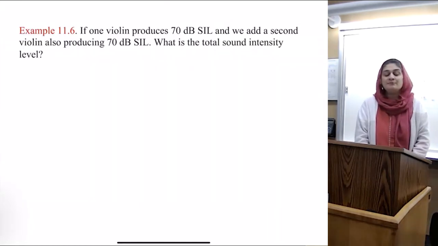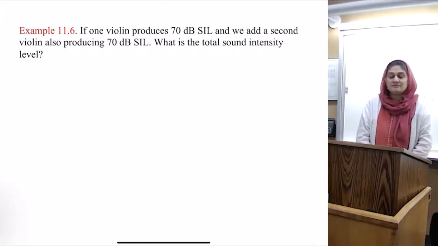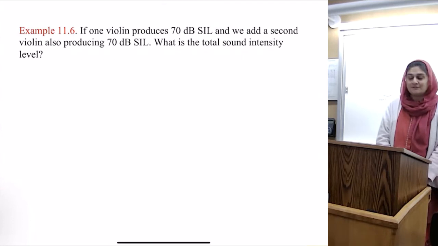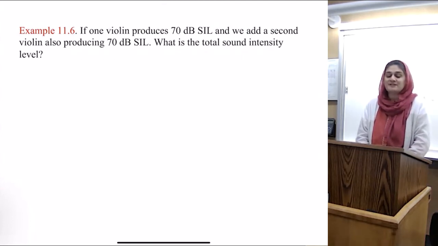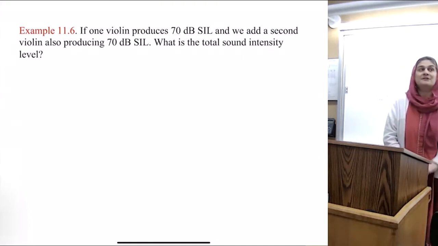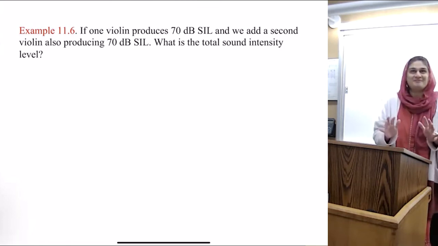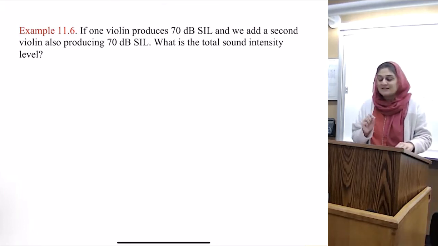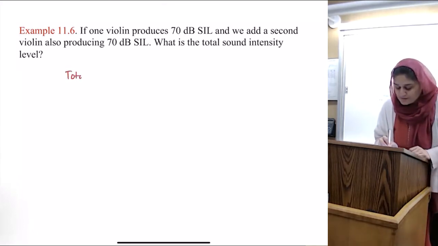If one violin produces a 70 dB SIL, sound intensity level, and we add a second violin also producing 70 dB SIL, what is the total sound intensity level? Note, you cannot do 70 plus 70. That's not how it works. So in order to add sound intensity levels, you will use your formula.